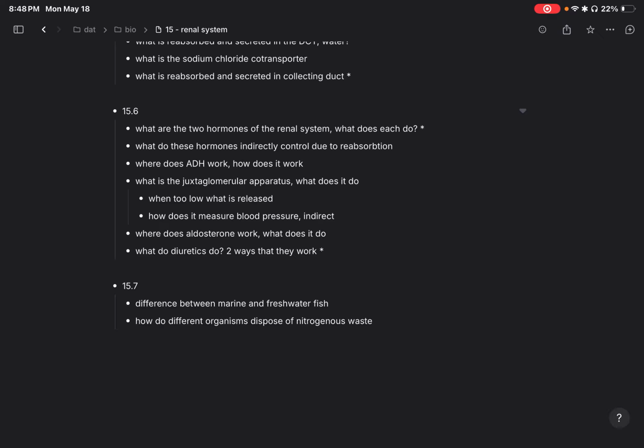Sharks. Oh wait, no, I'm wrong. Okay, ammonia is aquatic animals. Urea is mammals, amphibians, and sharks. Wait, so now amphibians and mammals are grouped together? And then uric acid is birds, reptiles, insects, and snails. Interesting. So uric acid. Interesting.